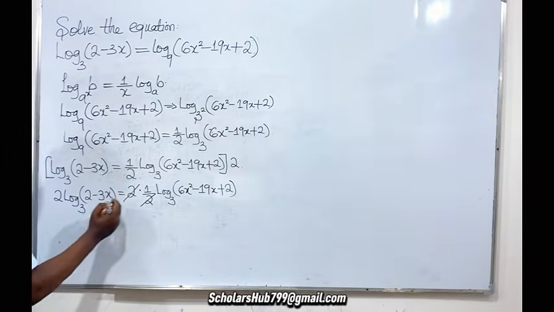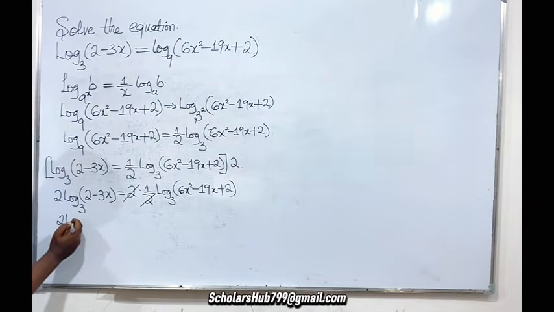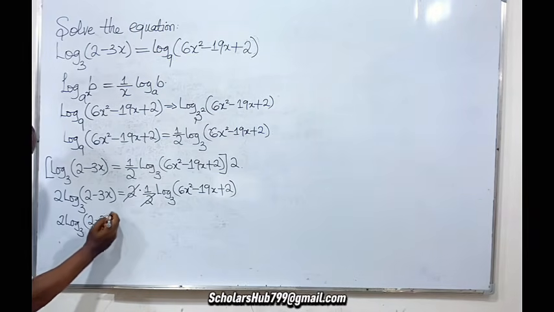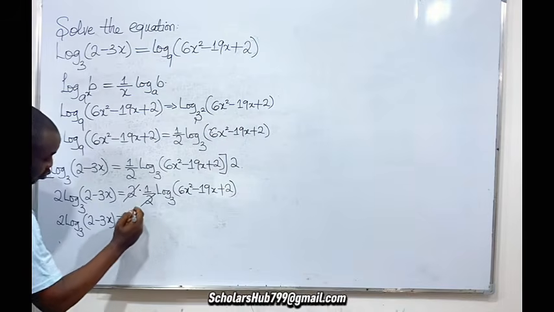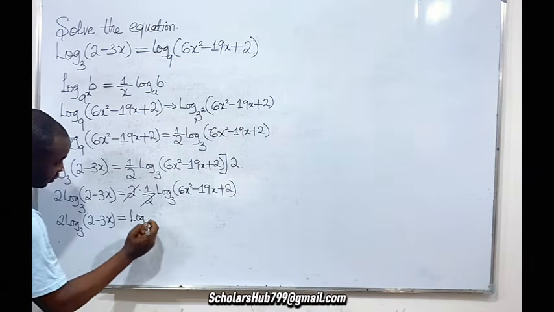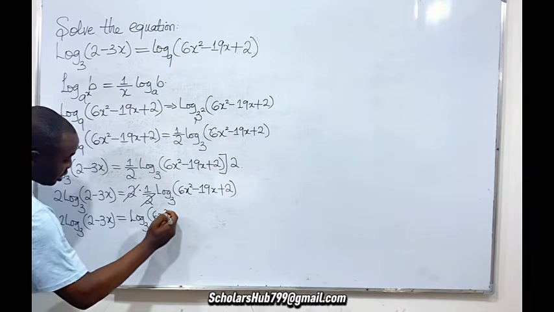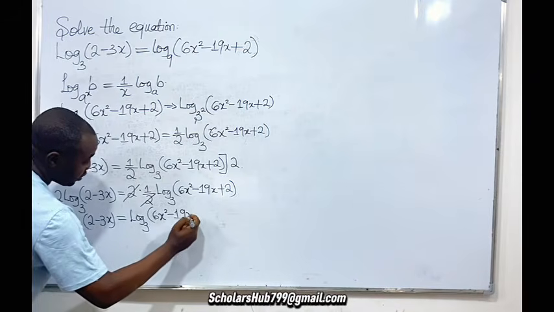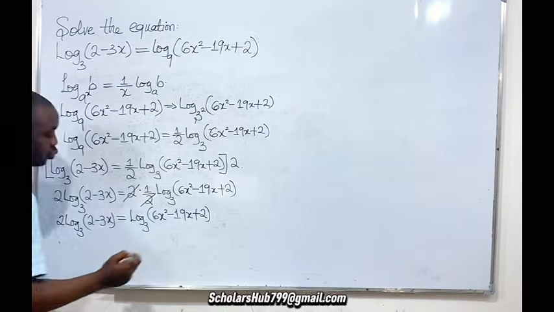Now 2 will cancel 2. So we have 2 log to base 3 of (2 − 3x) equal to log to base 3 of (6x² − 19x + 2).